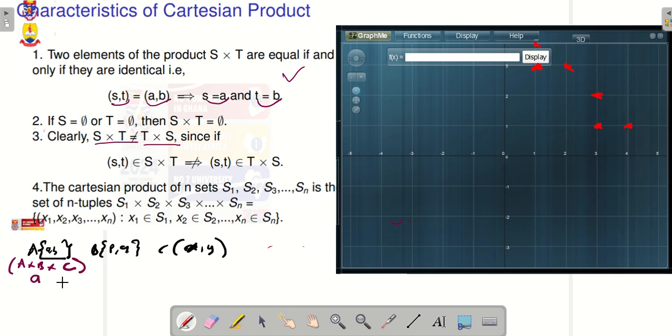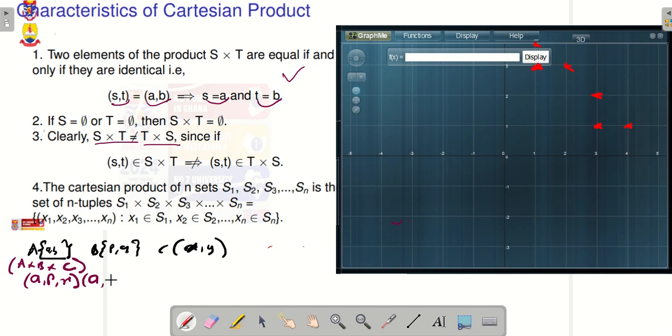You take A first, then it will pair P, then also X. That will be your first one. Then you take A again, that's the first set.